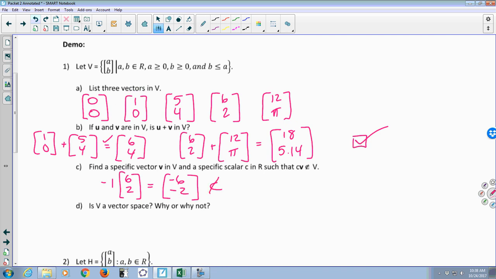That is not an element of V. So is V a vector space? No, I just failed one of the key 10 criteria to be a vector space. You fail one, you're not a vector space. You have to meet all of the 10. So this is a no.